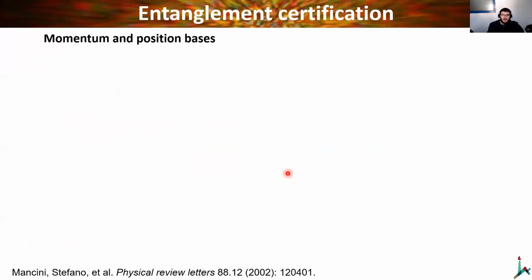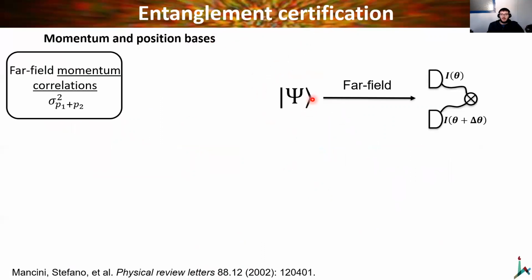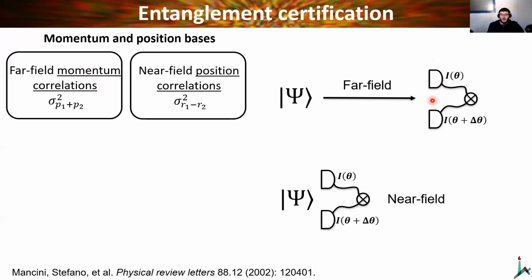Great. The last thing I want to talk about is the relation between our experiment with thermal biphotons and entanglement certification. So say we have some state psi that we want to check whether or not it is spatially entangled. What we will typically do is to measure in two bases. First, we can measure in the far field and obtain the momentum correlations between the two photons.